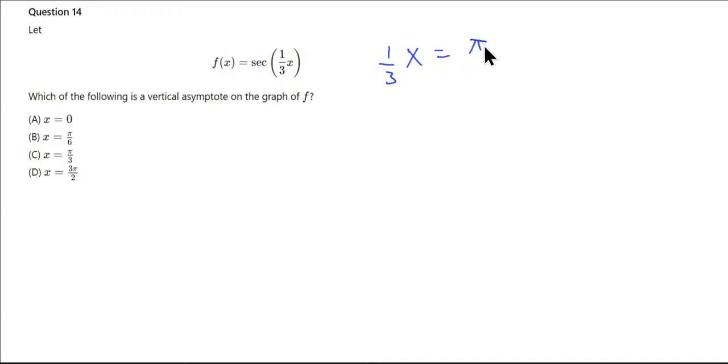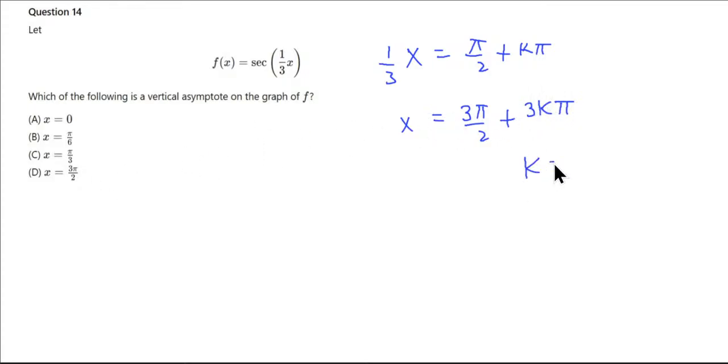So I'm going to say that this is equal to pi over 2 plus k pi. I'm going to multiply both sides by 3. Students make a mistake here: when they multiply both sides by 3, they will just say 3 pi over 2 plus k pi. No, it should be 3 pi over 2 plus 3k pi, because the 3 is getting multiplied to all of them. This is the generalized solution.